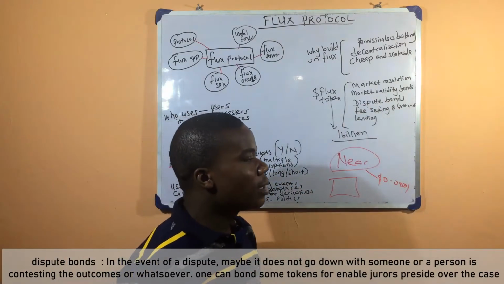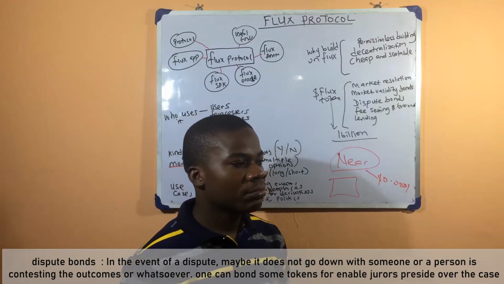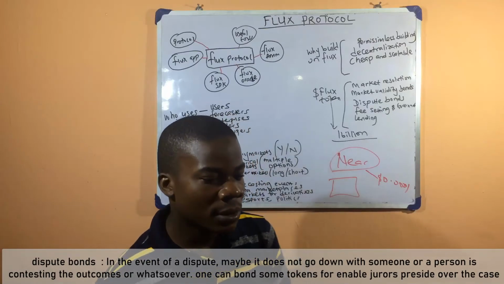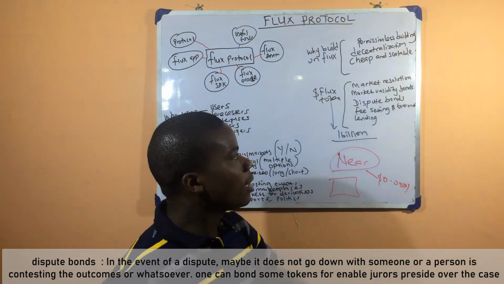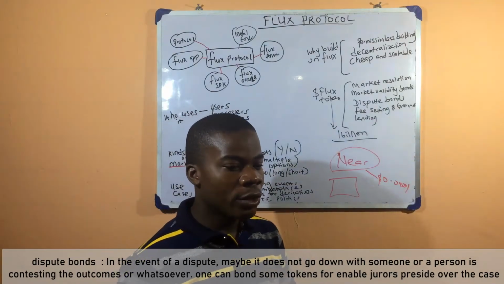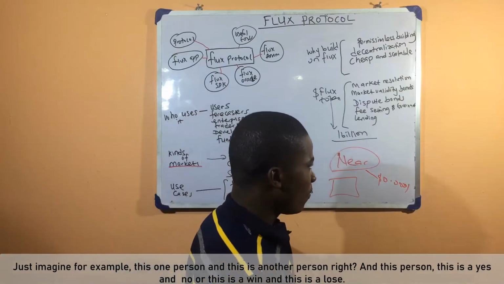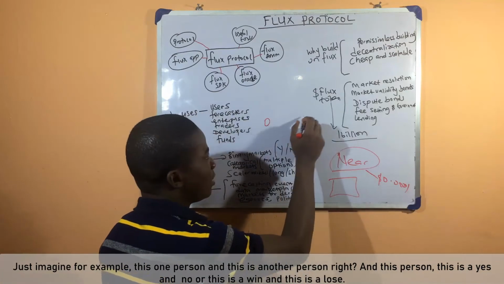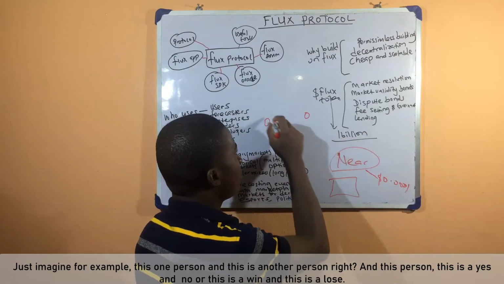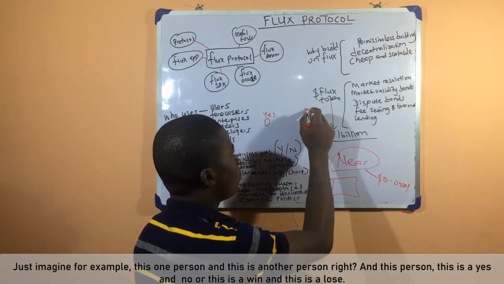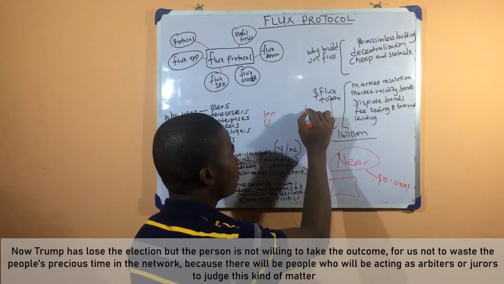The dispute bonds are for the event of a dispute, where maybe the outcome doesn't go down well with somebody, or the person is contesting the outcome. We can bond some tokens and we judge the case. Just imagine, for example, this is one person and this is another person, and this is a yes and no, or a win and a lose.